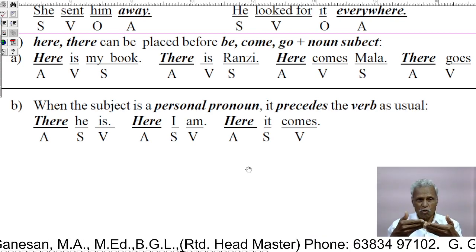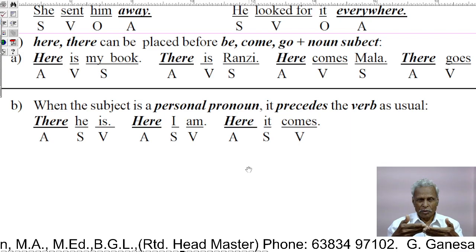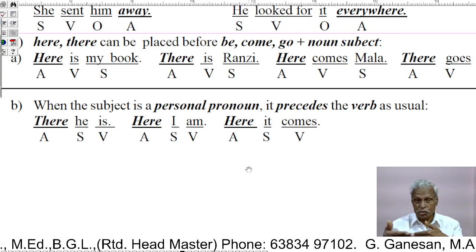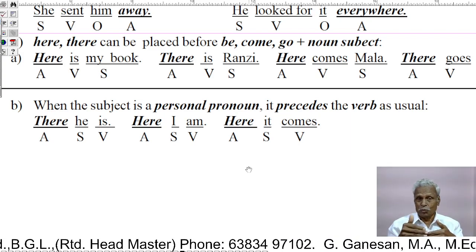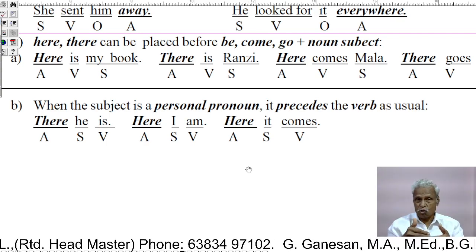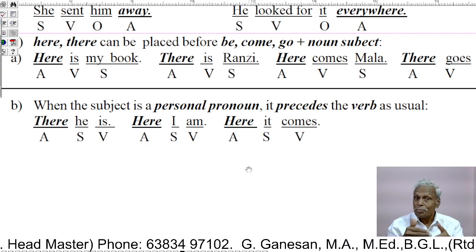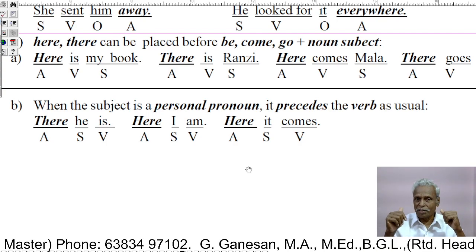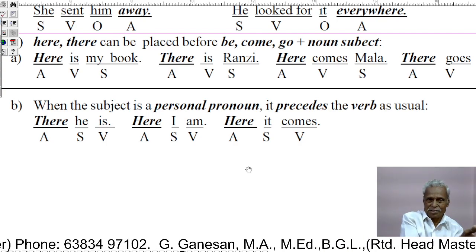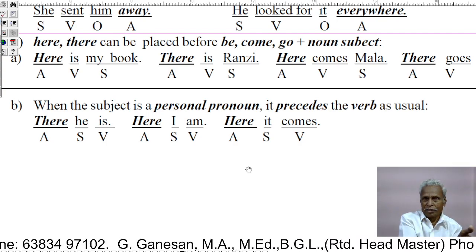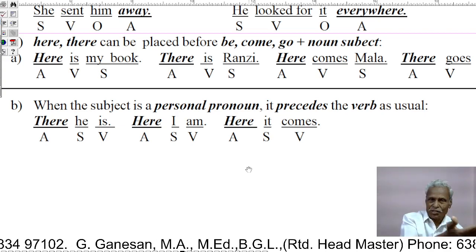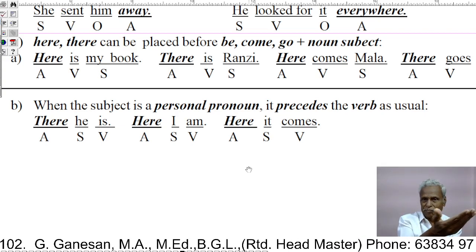In the first example, the subject is a noun. But in the second example, the subject is a pronoun: he, I, it. So it precedes the verbs is and comes.